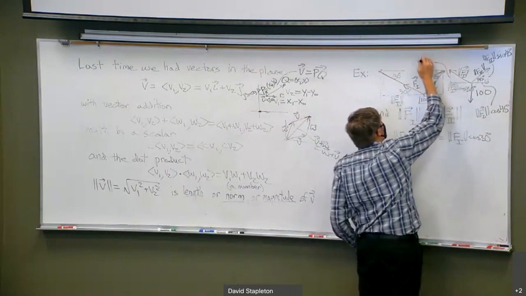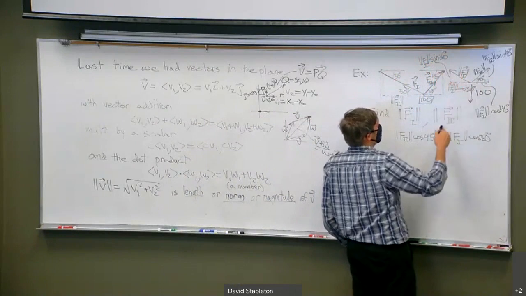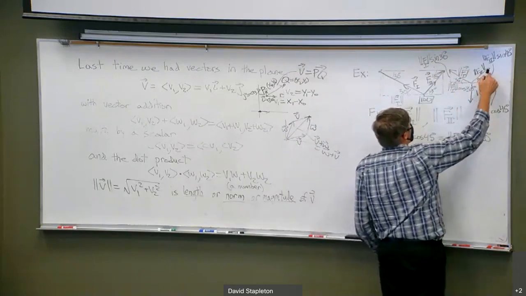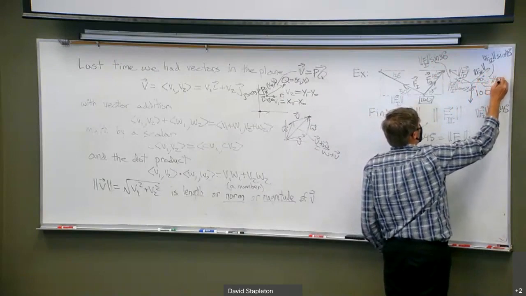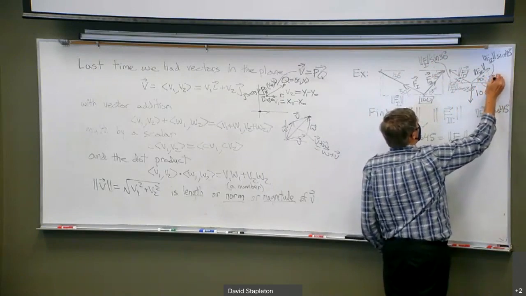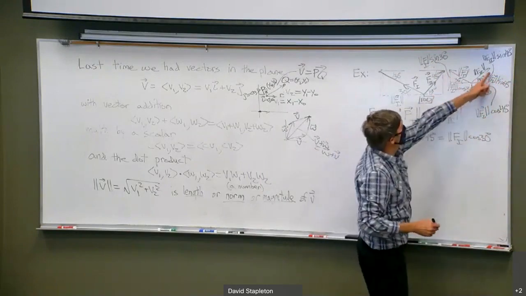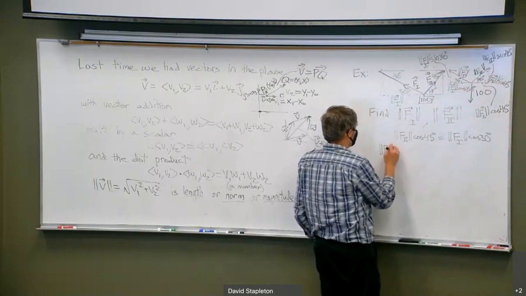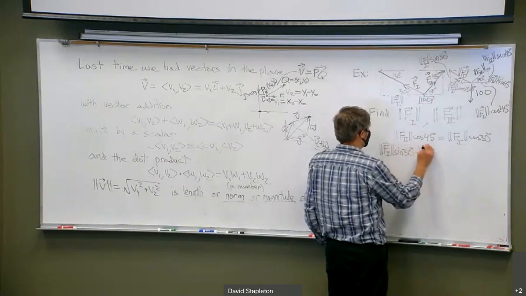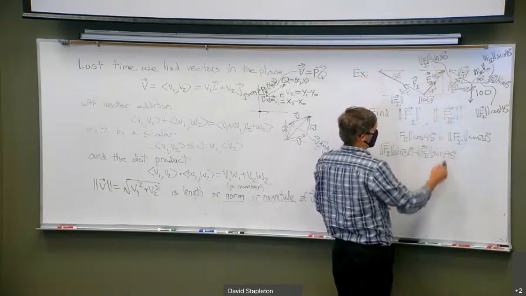So if I say this one is the length of F1 times the sine of 30 degrees, opposite side to this 30-degree angle, and this component here is the length of F2 times the sine of 45 degrees, so these two vertical components, F1 sine 30 degrees plus the length of F2 sine of 45 degrees, the two upper ones have to exactly balance the weight going down so that it doesn't move vertically.